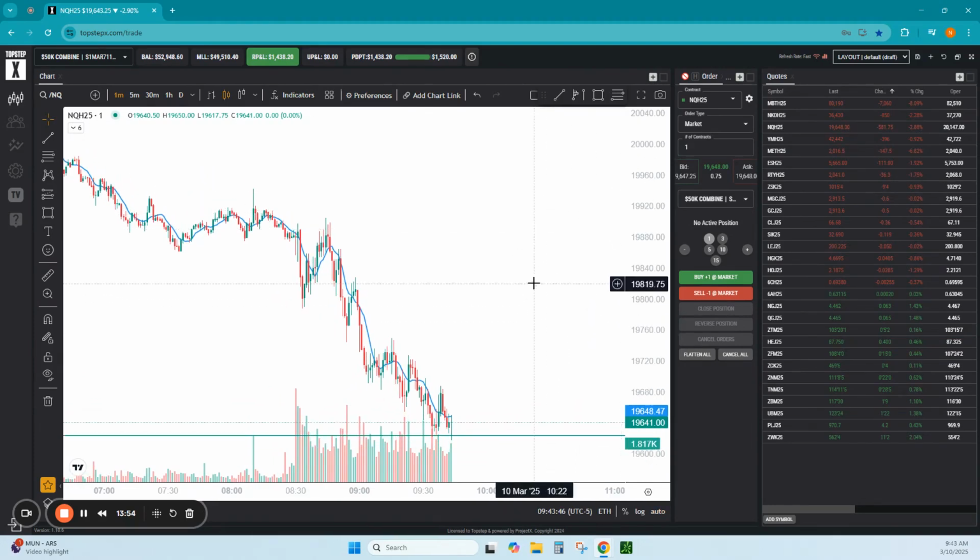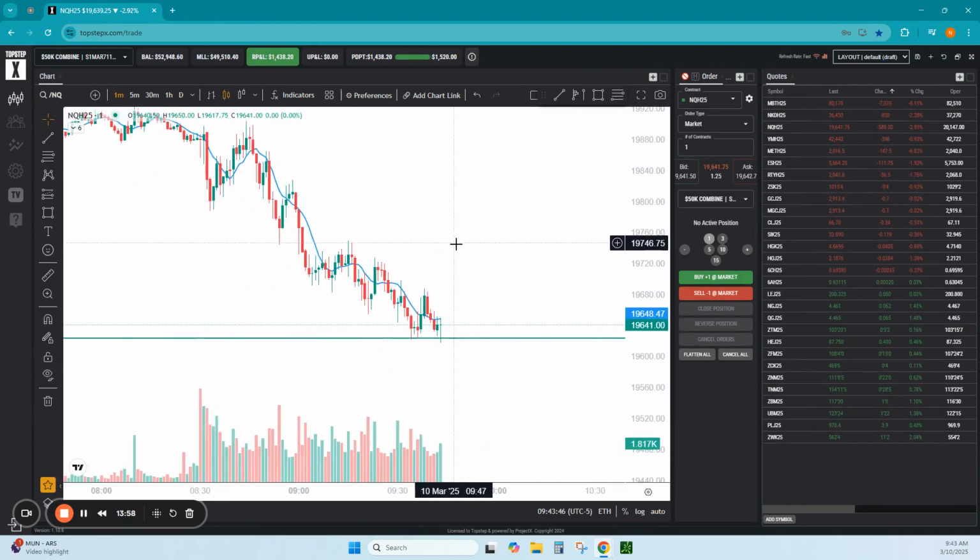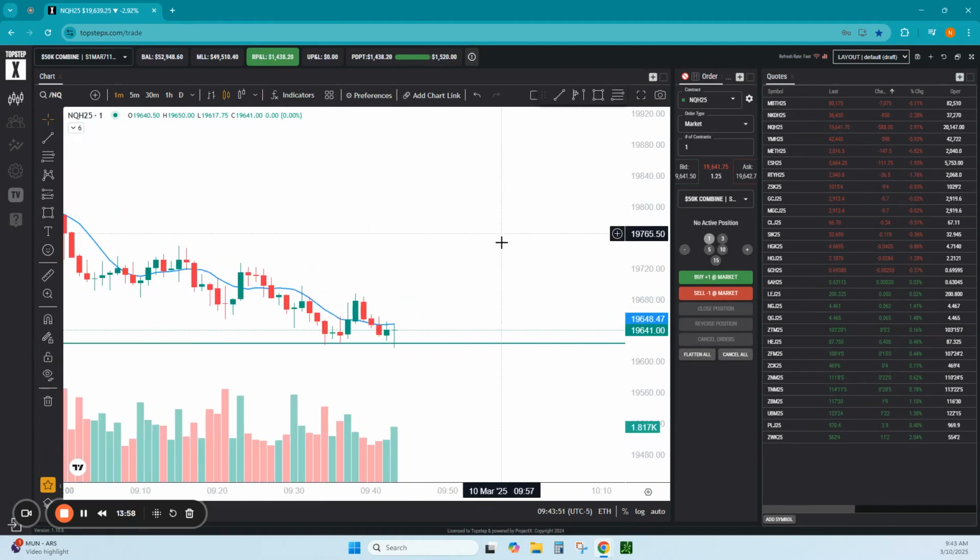Good times. Also, interesting to note what's happening here. Price right at this fib level. This fib level is acting as support. This is a 1-minute chart and price is not moving. These things are stuck, meaning the chart is stuck.